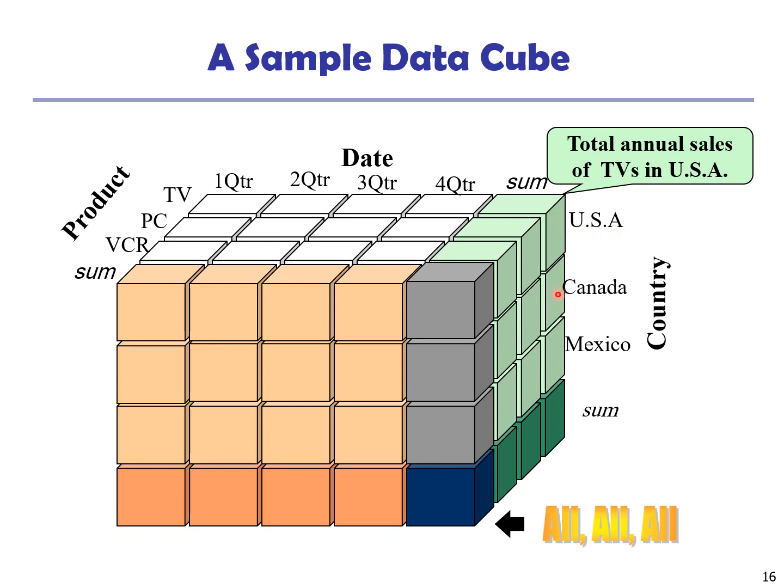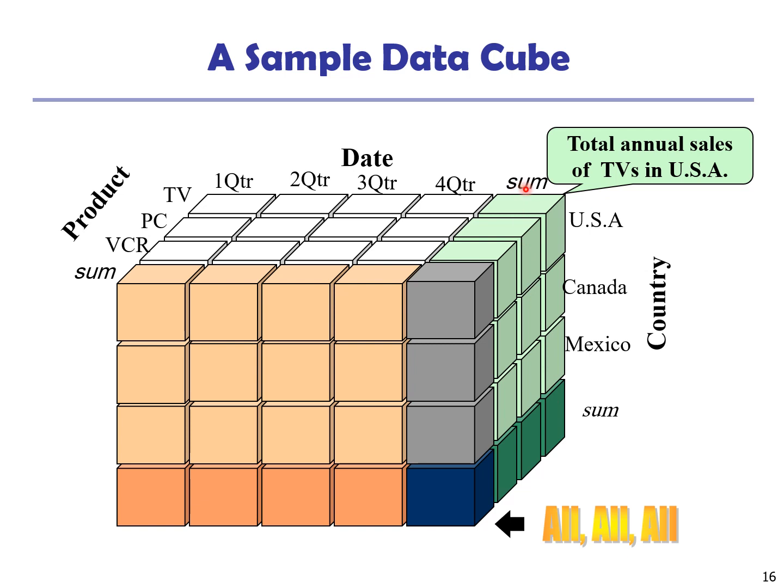Here it will be the annual sales of TV in Canada. Here it will be the annual sales of TV in Mexico. If we move here, it will be the annual sales of PCs in Canada. Here are the sums. Now, when we look at the sum here, we are actually summing the sums.